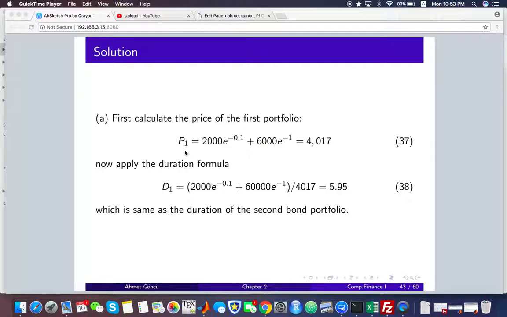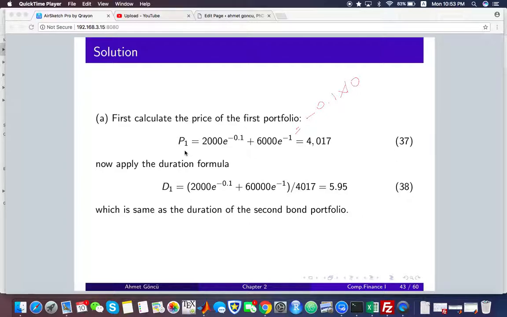And for the second bond in the same portfolio, you have a face value of 6,000 times e to the power minus 1, where the 1 comes from 0.1 times 10. And the price of this first portfolio is $4,017.